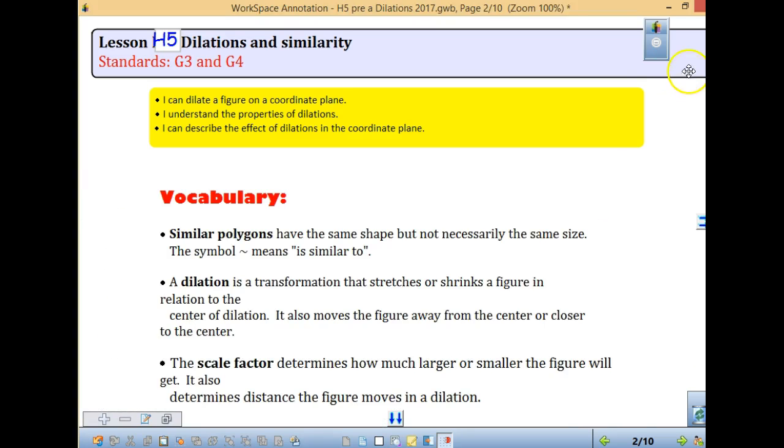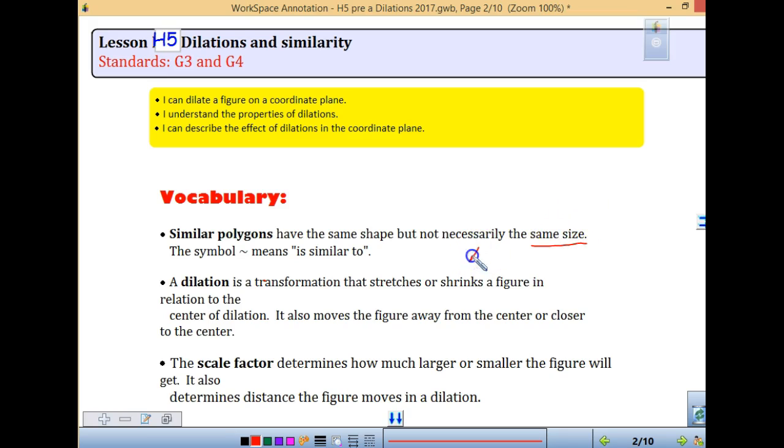So, similar polygons have the same shape as you were looking at, not necessarily the same size. This is the symbol that we will use. It's just this squiggly equal, kind of a squiggle line. It means similar to.